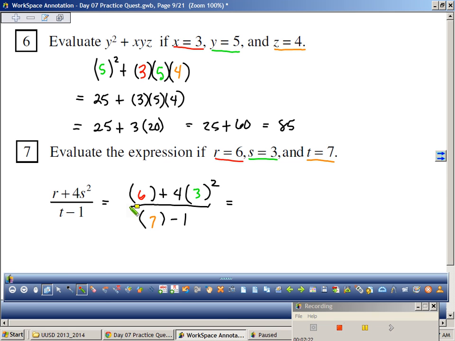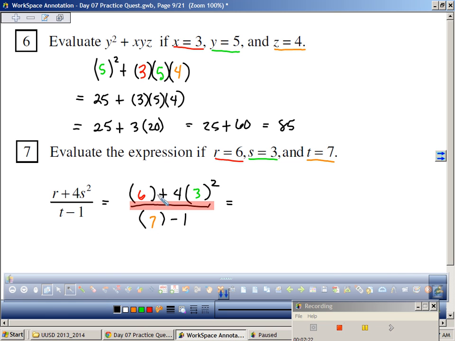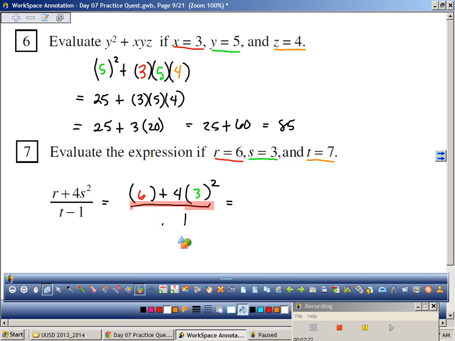This is also a grouping symbol. So we need to treat everything in the numerator separate from everything in the denominator, correct? Let's start in the numerator. Where am I going to start when I'm just talking about the numerator? You can cover this up. Exponent.